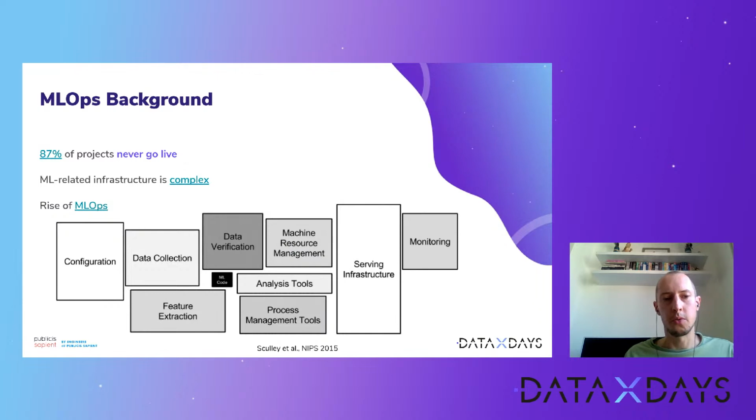MLOps is in a rather different place right now. There are surveys which suggest that up to 80–90% of ML projects never go live. The infrastructure around machine learning is complex. This diagram is from a famous paper, The Hidden Technical Debt in Machine Learning Systems. And the small box in the middle, the little black box, that's the machine learning code.